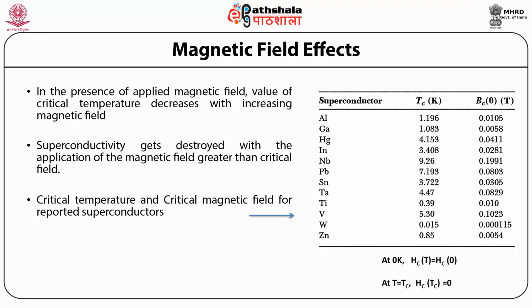Both these values, that is critical temperature and critical magnetic field, go through all kinds of superconductors, whether it is aluminum, gadolinium, mercury, indium, niobium, lead, tin, thallium, vanadium, zinc, etc. If we go through this, the transition temperature for Nb is 9.2 Kelvin, so it is maximum in this category, and the critical magnetic field is almost in the range of 0, and in the case of W and zinc this is close to 0.